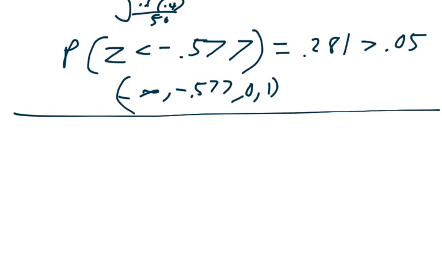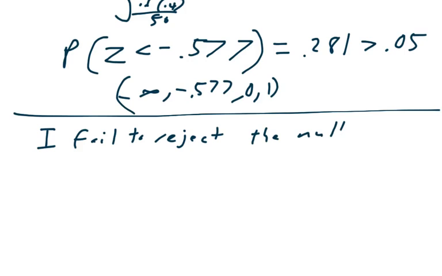So the last part is the conclusion, which starts with either I reject the null hypothesis or I fail to reject the null hypothesis. So for this one, I'm going to say I fail to reject the null hypothesis.